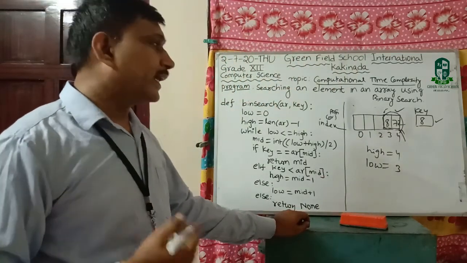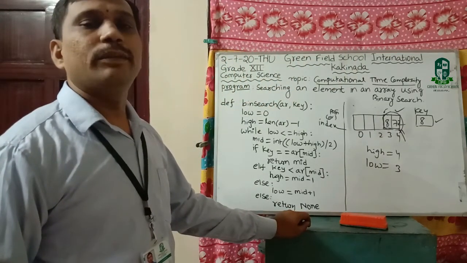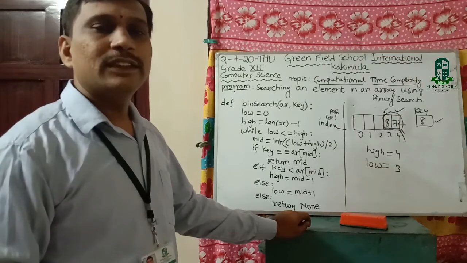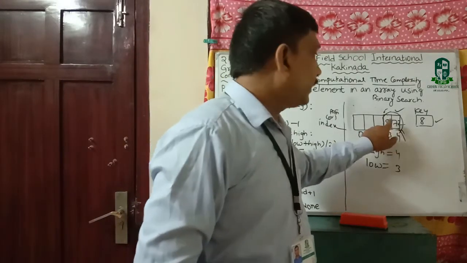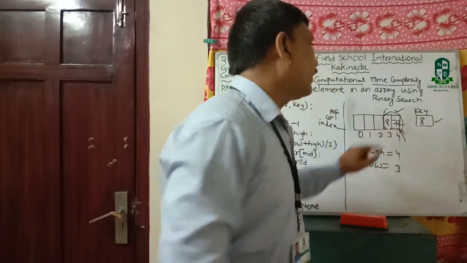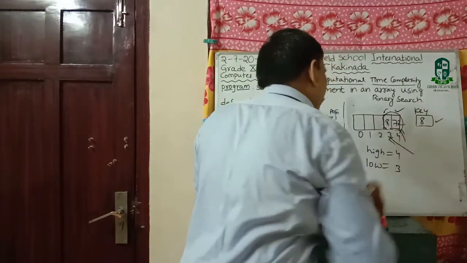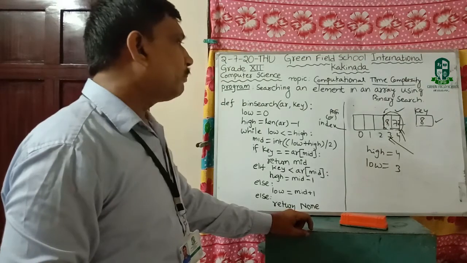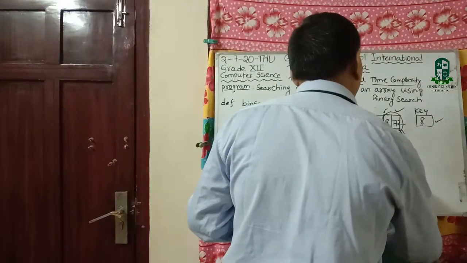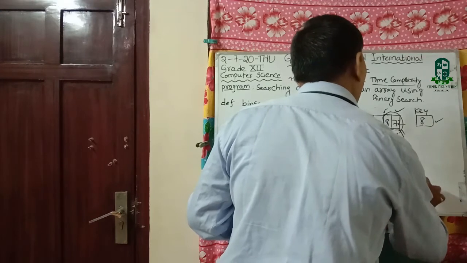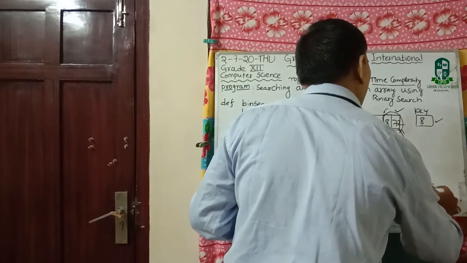Then again we divide the key set element into two parts and calculate the mid. We take the integer part. Then we compare 8 with 8. Mid is equal to high plus low by 2. 7 by 2 is 3.5.